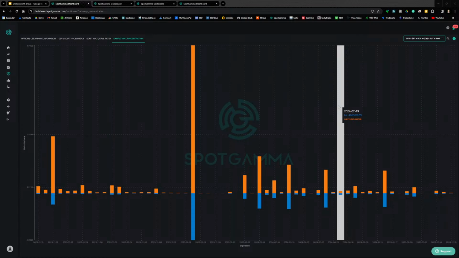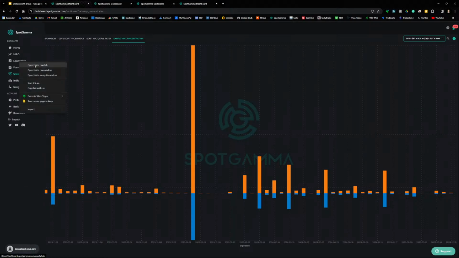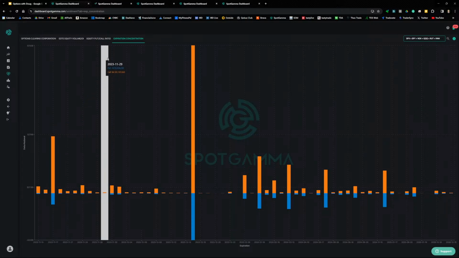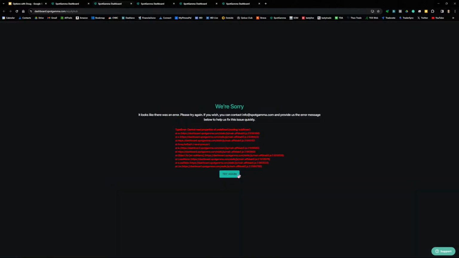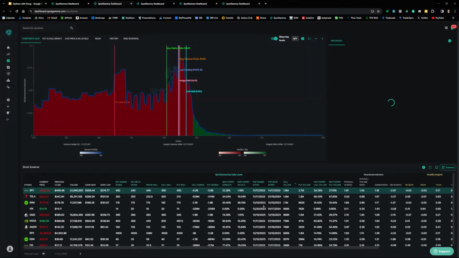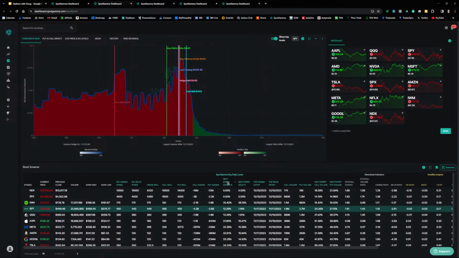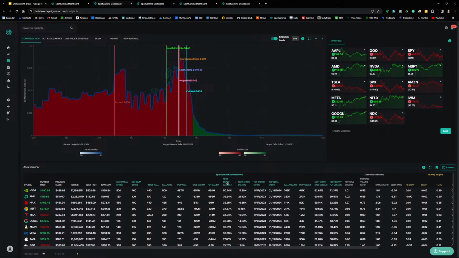All right, so that's what I'm looking at for the S&P 500. We can just take a quick look at stocks. All right, I'm going to look at my watch list, and I'm going to sort this by next expiry gamma percent.